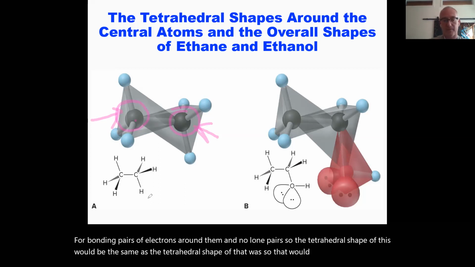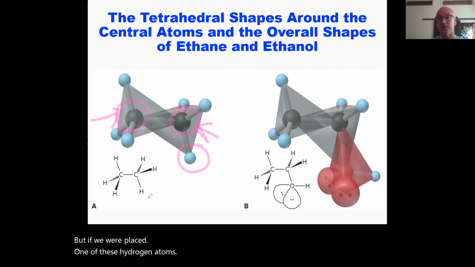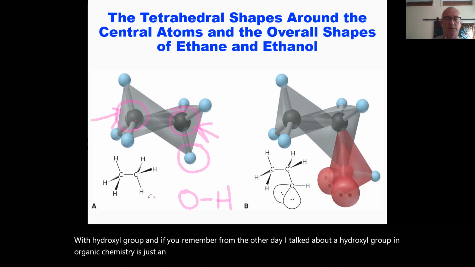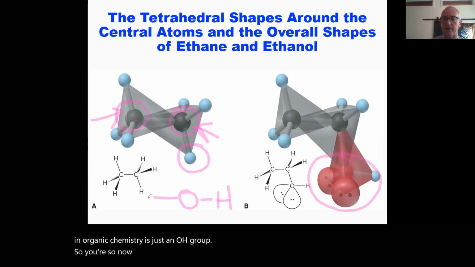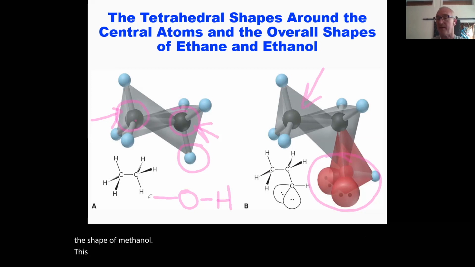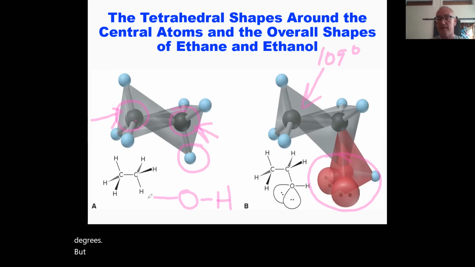But if we replace one of these hydrogen atoms with a hydroxyl group, and if you remember from the other day, I talked about a hydroxyl group in organic chemistry. It's just an OH group. So now we've replaced it with an oxygen bound to a hydrogen. So this is actually the shape of methanol. This carbon atom is not affected. So all of its bond angles are still going to be around 109 degrees. But this one is going to be different, because we have some lone pairs around the oxygen.